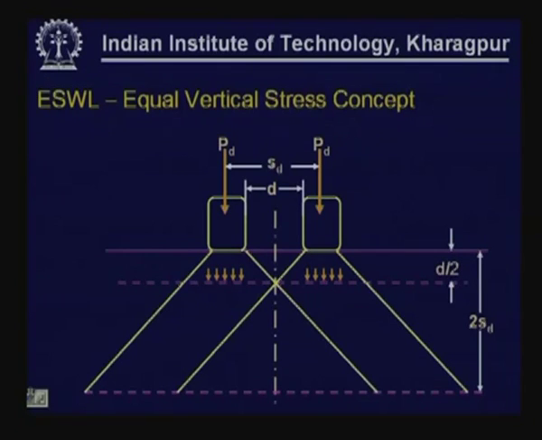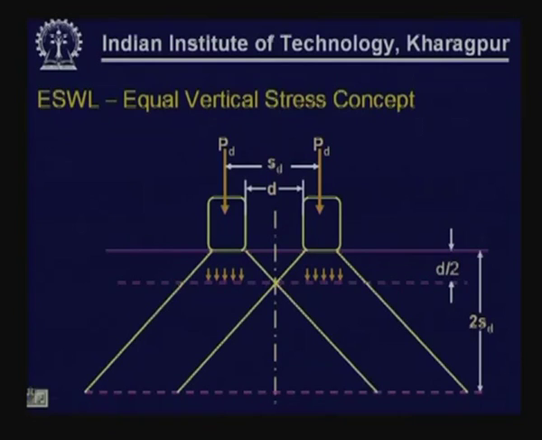So, at a depth of 2 SD or beyond, the overlap is of such significant magnitude that we can consider the stress produced at any given location within this overlap zone to be equal to that of the stress produced by PD, the left side wheel and the right side wheel combined together.